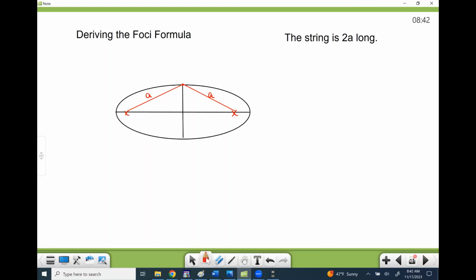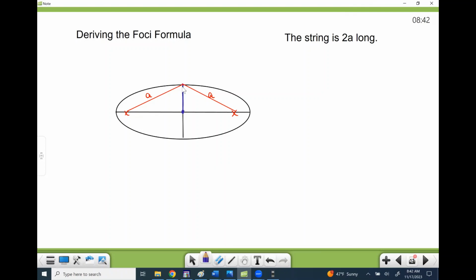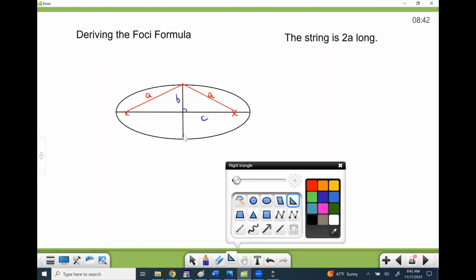Now we know that letters-wise, from the center to a co-vertex, or the minor axis endpoints, that's the letter B. And we know from the center to a focus is the letter C. So on our right triangle, it's not set up how we're used to having our right triangle be set up. We're used to C being the hypotenuse, right?